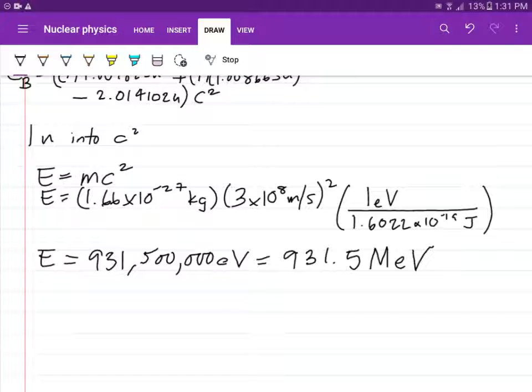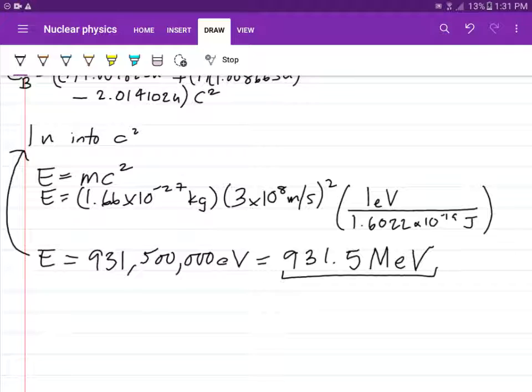So this value, 931.5 MeV, corresponds to the energy that is inside 1 atomic mass unit.